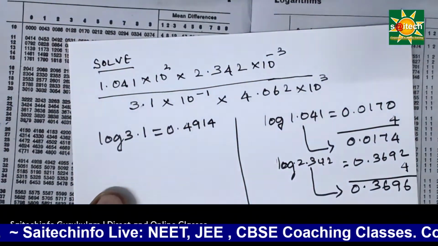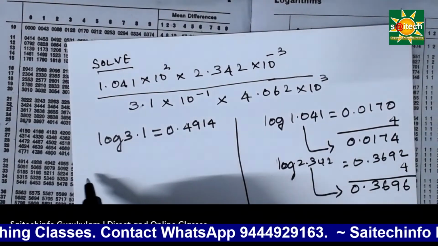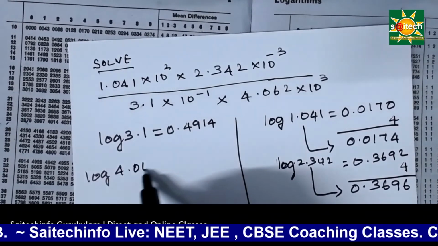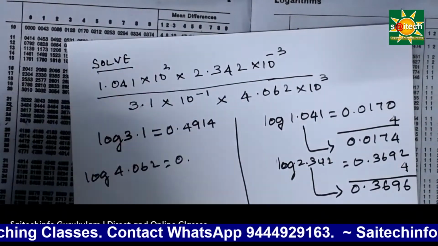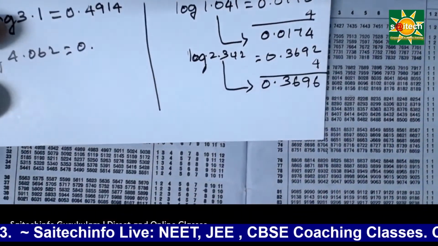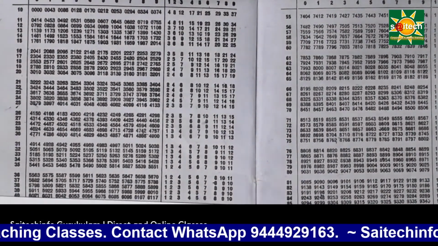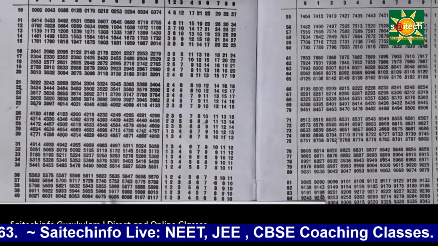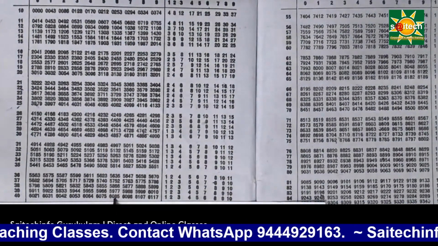So you can write down 4914. And what about log 4.062? Log 4.062 is equal to 0 point. Now 4062, you have to check 40. So where is 40? 40 is here, can you see? 40 and 62. 6, that is in the sixth column, this one is there.